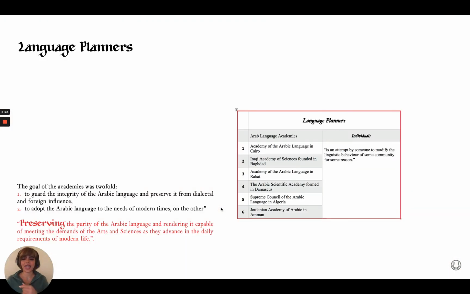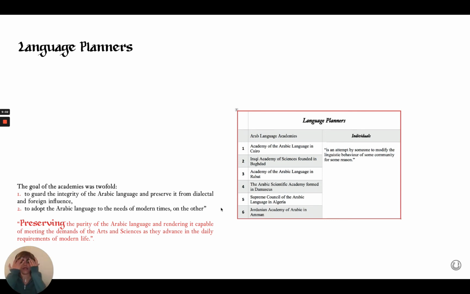All right, so the Academy falls under a term called language planners, and this term is taken from linguistics. The role of the language planners is to preserve the language, and they are focused on problem solving and evaluating ways of solving language problems to find the best decision.